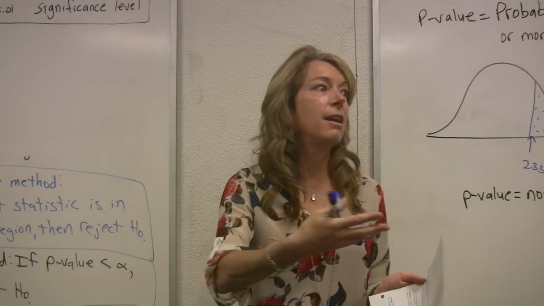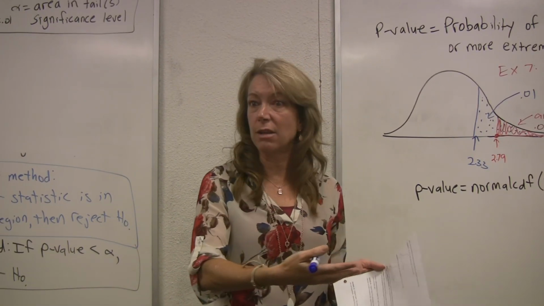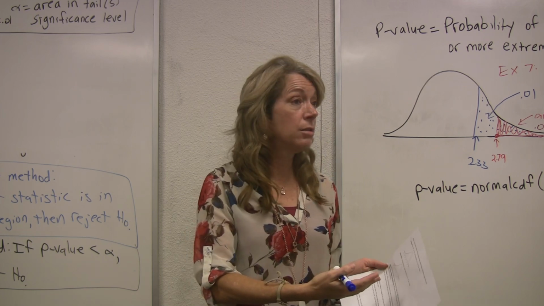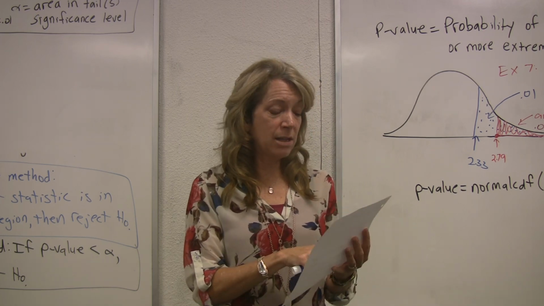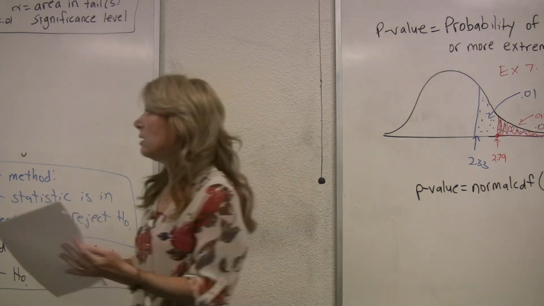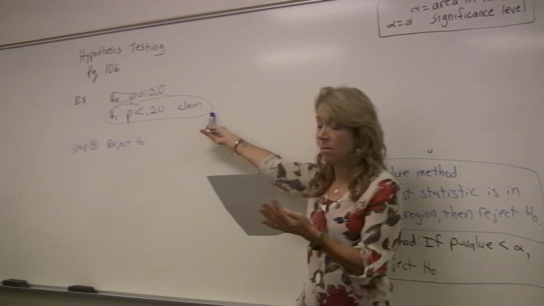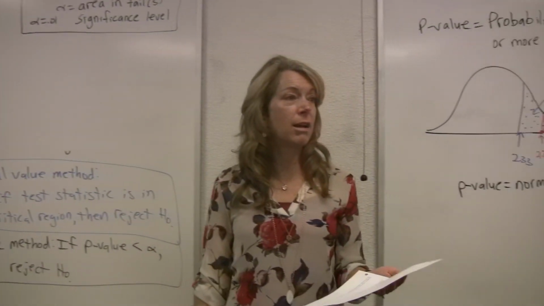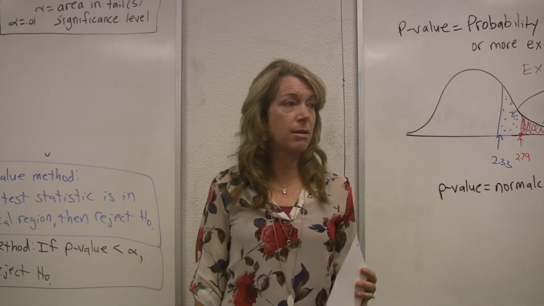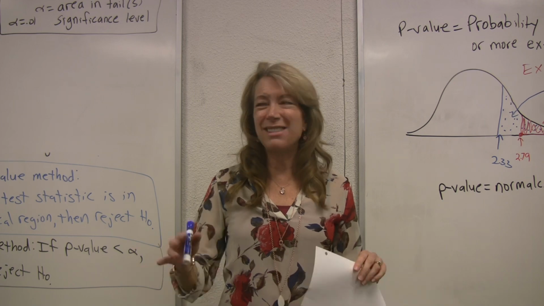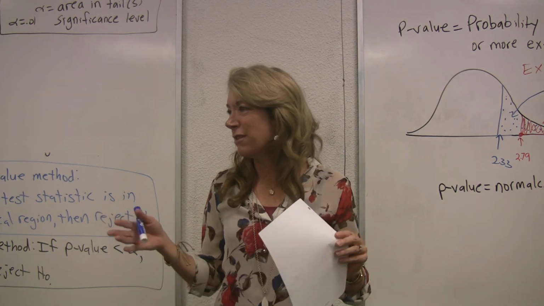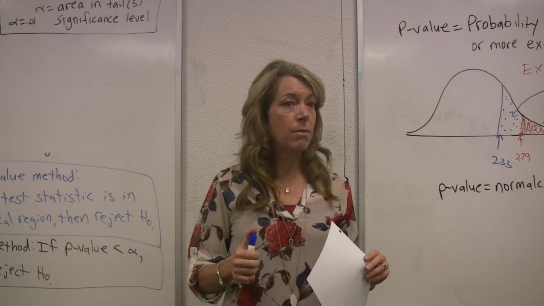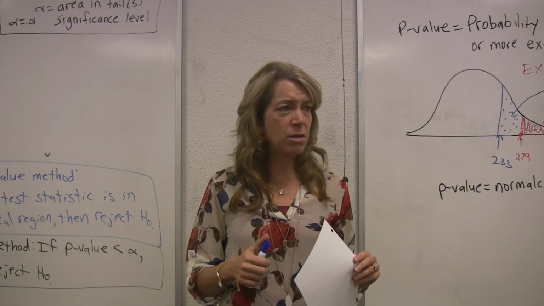Or you say there's not enough evidence, there's insufficient evidence, if you didn't reject. Read it again, make sure it makes sense. There's no H0 symbols and p-values and alphas in that statement, though. Is that right with that conclusion?